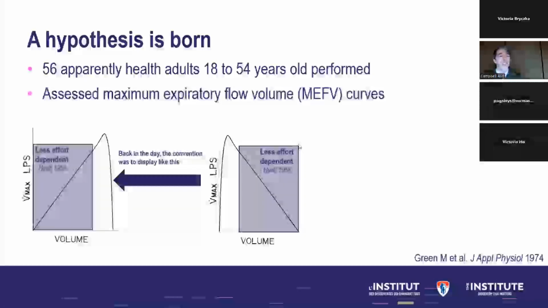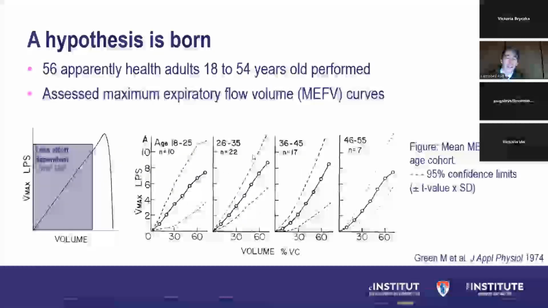And one thing to note before we look at their main results was that back in the day, in the 1970s, they depicted things in a reverse x-axis. So just so you are oriented to the way their data look, it's going to look something more like this. And this was really their main finding.